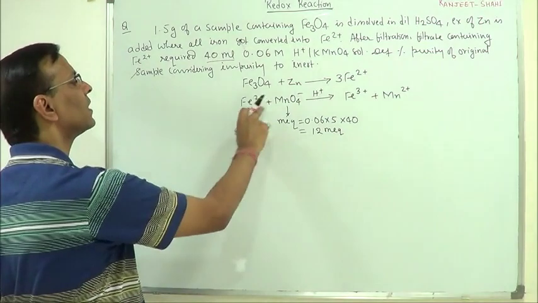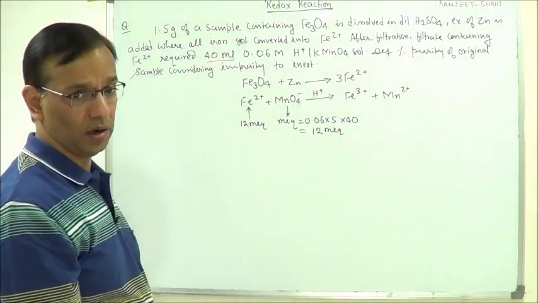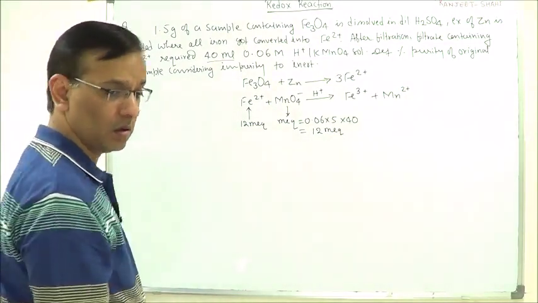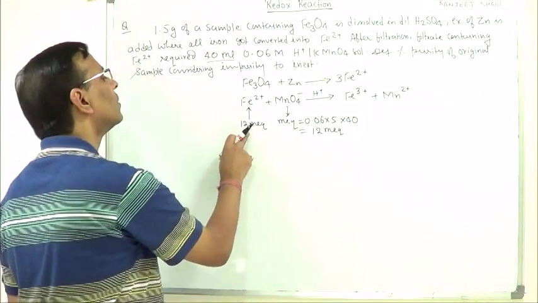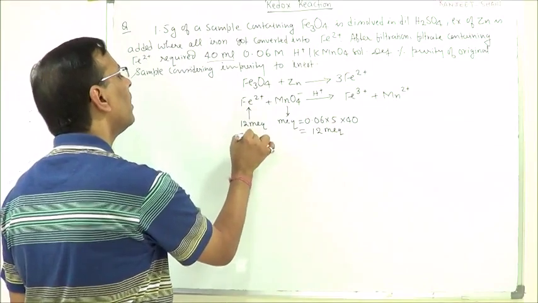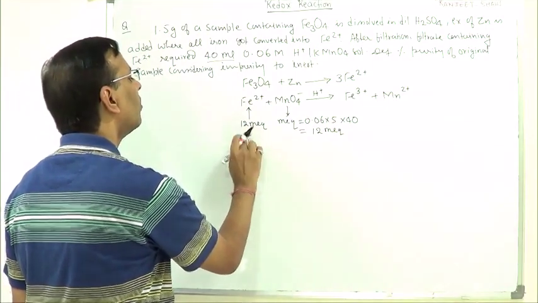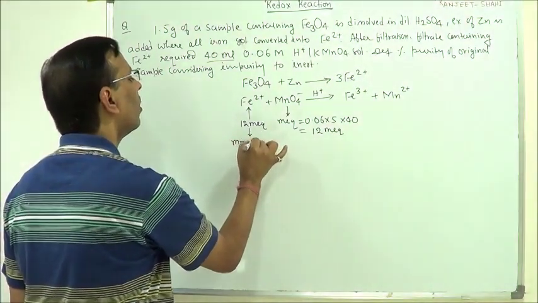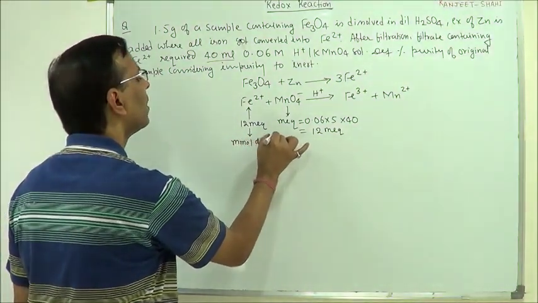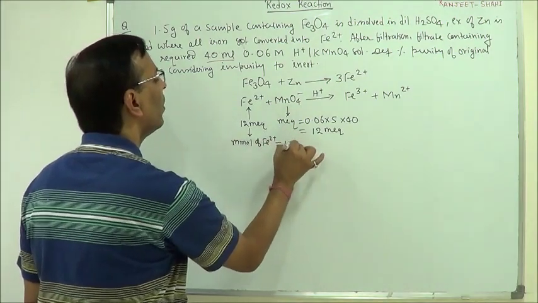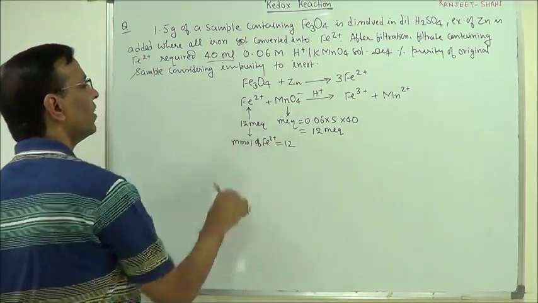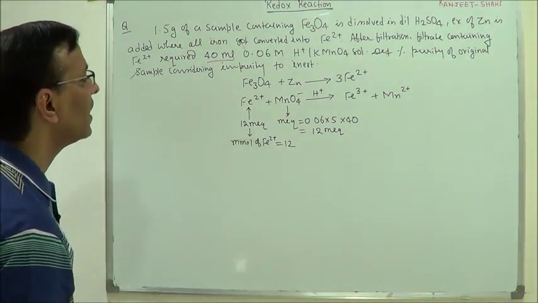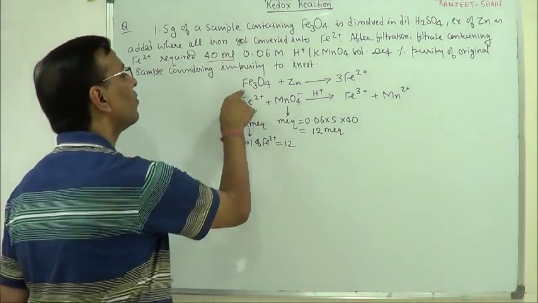And in this reaction, N factor of ferrous iron is 1. So it will also be millimole. It will also be millimole of ferrous iron, which will be 12, the reason being N factor is 1. Now from this ferrous iron, millimole of Fe3O4 can be known.